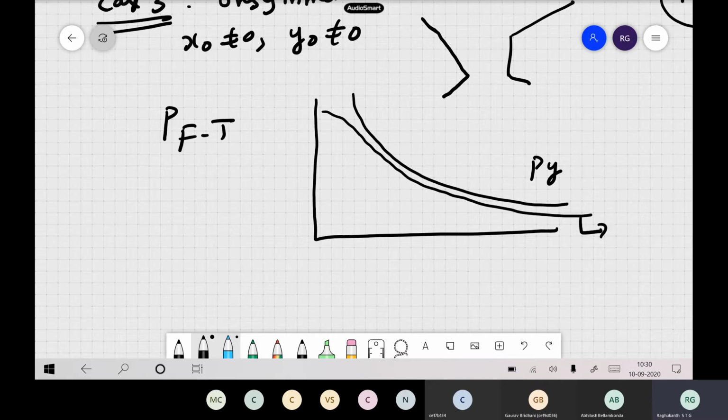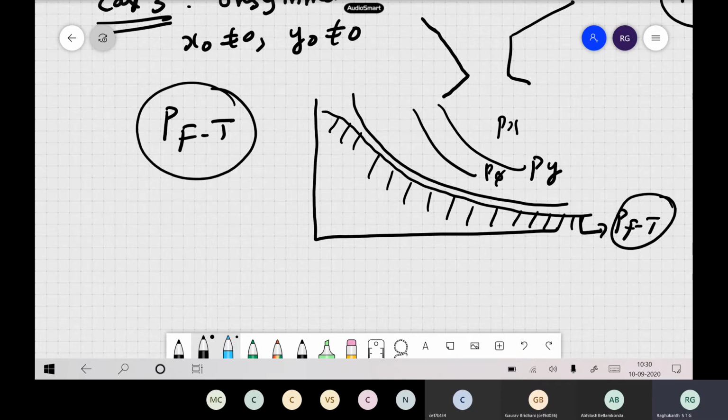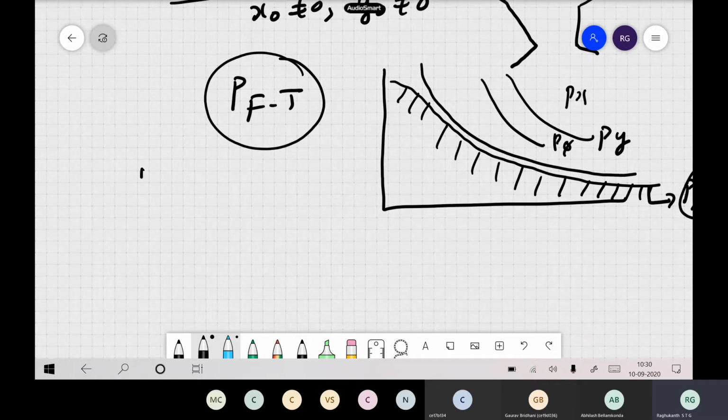Whatever the length of the column, this type of column buckles only under flexural torsion. All of them are combined, so this is like a combination. Both flexural and torsional effects will come, and you can use these formulas to find out for unequal angles.